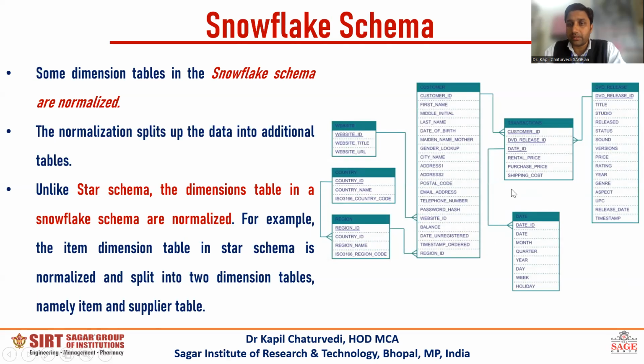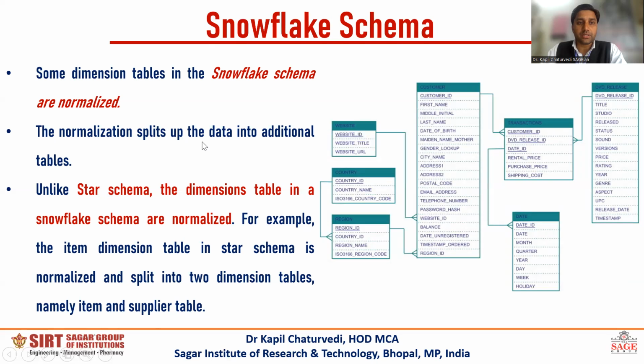But if we make that table, then we can just use the date ID instead of repeating those things. So we are creating one more table, a date table, to normalize the transaction table and remove the redundancy. That way of implementing a schema is known as a Snowflake schema.